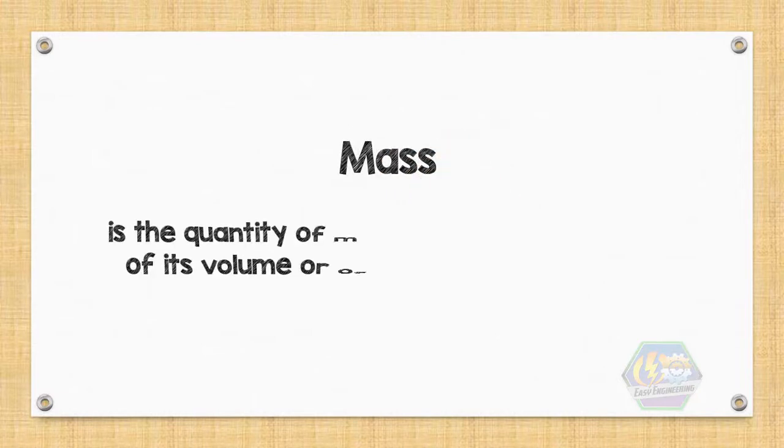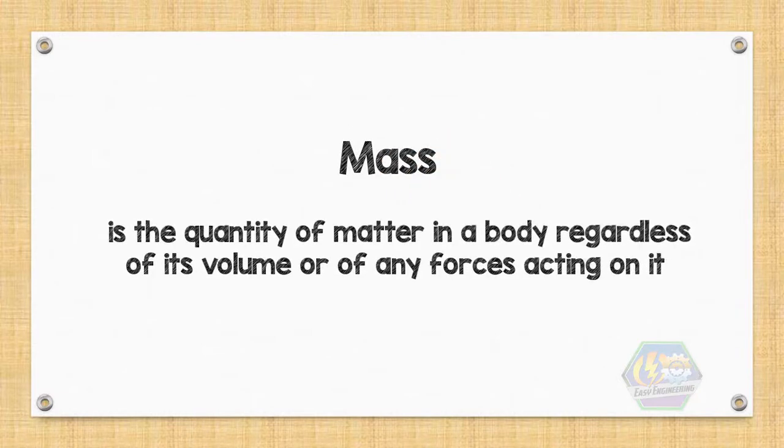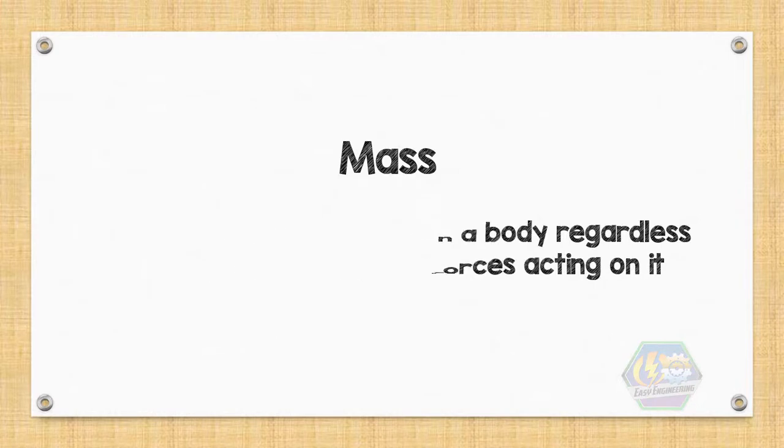Well, I know that you know that already, right? And next is mass. Mass is the quantity of matter in a body regardless of its volume or of any forces acting on it. It can be expressed in a kilogram of water, a pound of air, or a ton of stones.